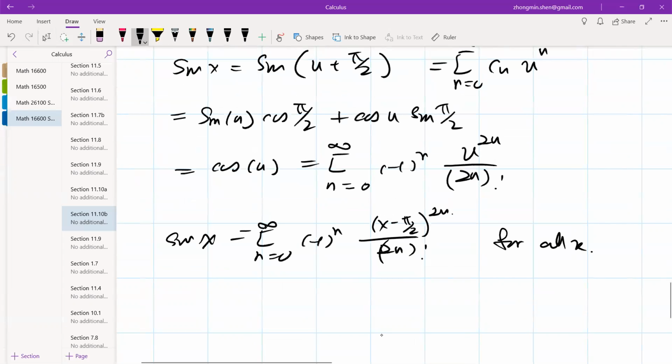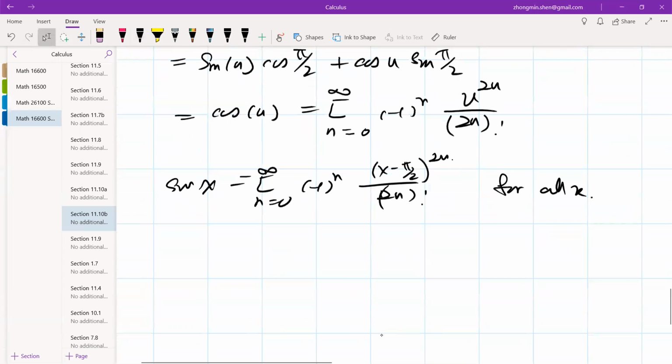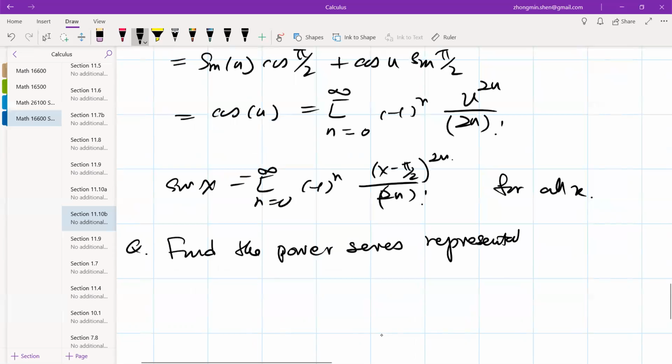Similarly, you can do the next one. Let me ask you to do that one. Find the power series representation for f of x, which is cosine x, at x equals pi over 3. How about that?